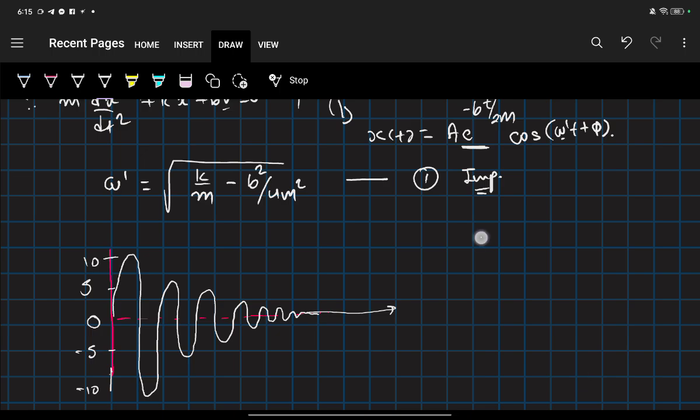Always remember the mechanical energy of an undamped oscillator is half k a square, as we have discussed earlier. This is for the undamped oscillation.